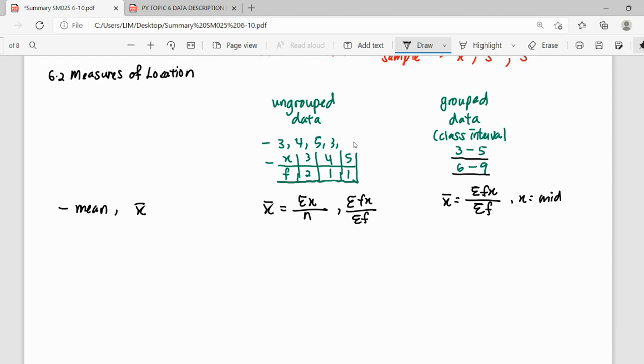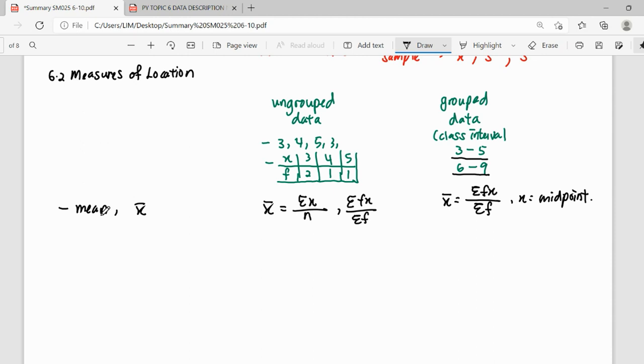So you can see your class interval here. How to represent your data? We take the midpoint from your interval. So that will be the difference between ungrouped data and grouped data for the first measurement of location, which is the mean.